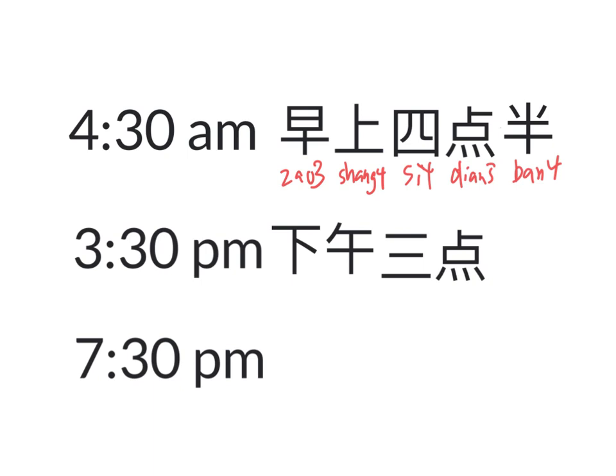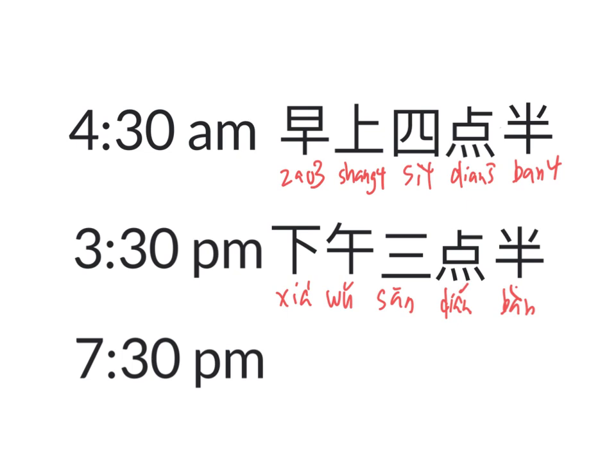And then we have 30 again, which we already learned: 半. So 下午3点半 is 3:30 in the afternoon in Chinese. Let me just give you the pinyin so you would have an idea. 下午3点半. So that's 3:30 p.m. in the afternoon.